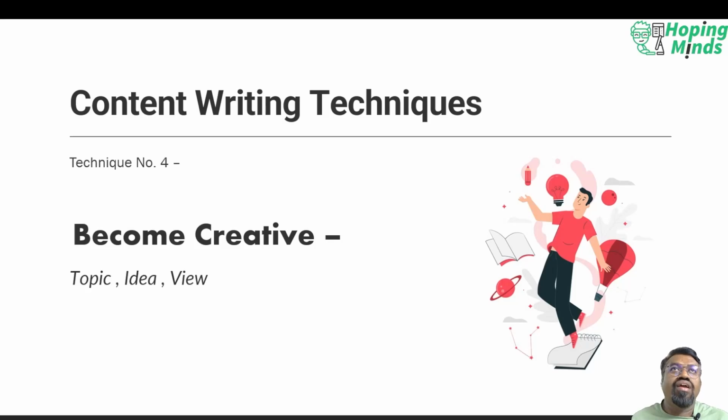If you are putting your legs on both the foundations, then you might fall down, right? Therefore it is always suggested to have your own view, own stance, so that you tell your story as per your topic, your idea, and your point of view.